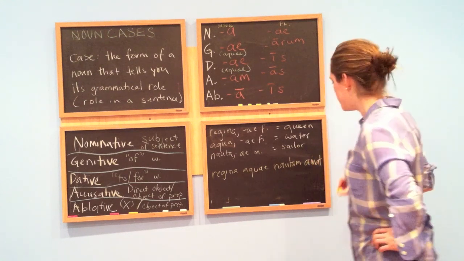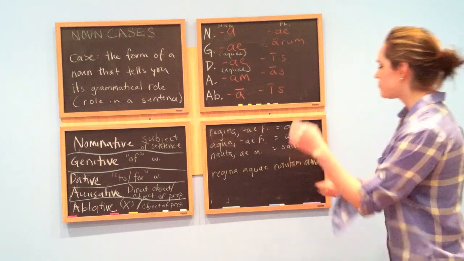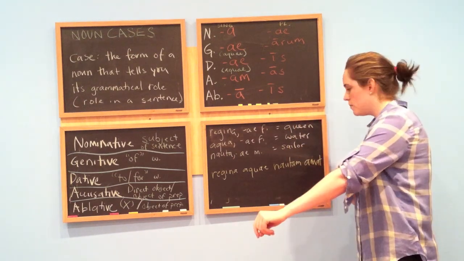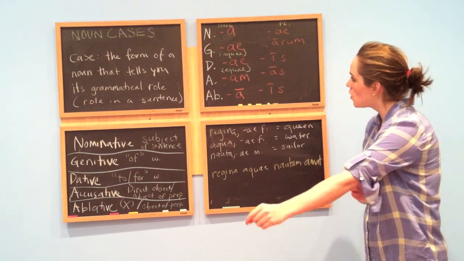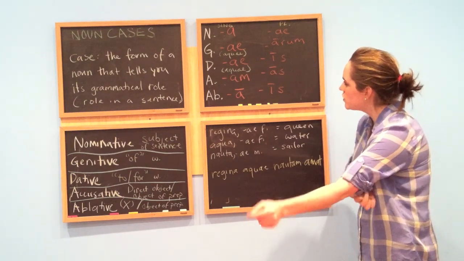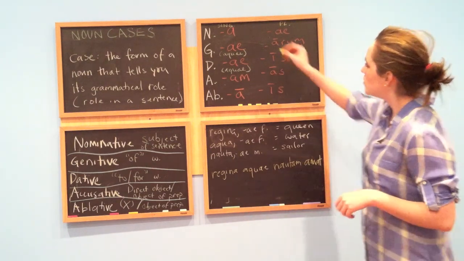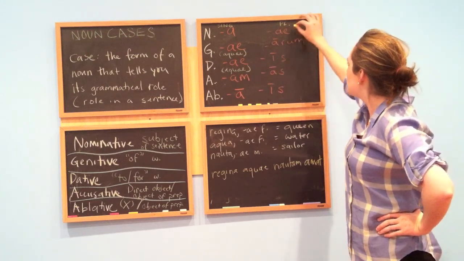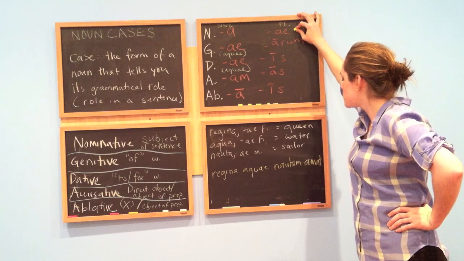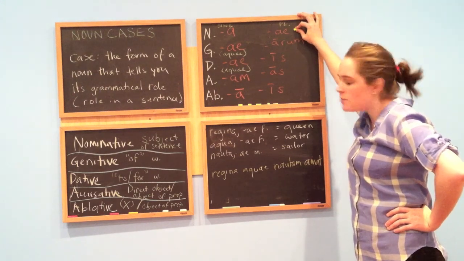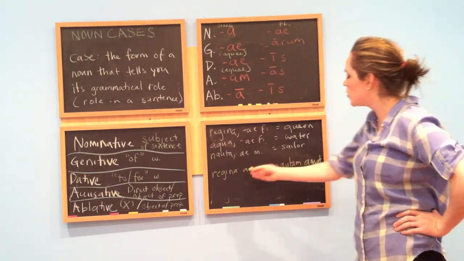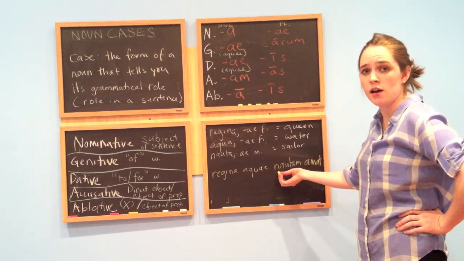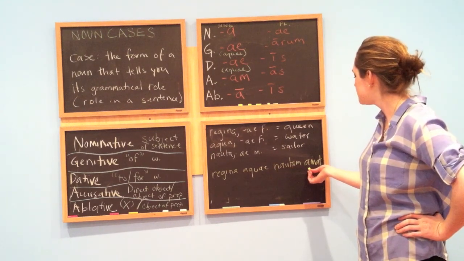Oh, barely makes it. So we have the queen is in the nominative again, but then you have this word aquae, which actually could be three things. It could be genitive singular, it could be dative singular, and it could be nominative plural. We don't know yet, so we keep reading. We have the queen, something to do with water, the sailor, as the direct object, loves.